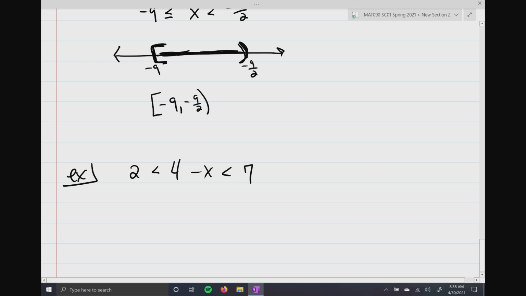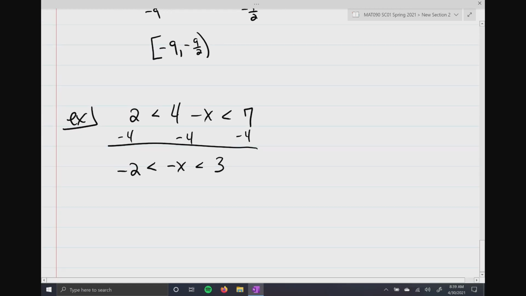So once again, I would approach this the same way I do all of them. I'm going to subtract 4 from both sides. I'm going to solve for x. So that's going to give me negative 2, which is less than negative x, which is less than 3. All right? Now here is where that negative in front of the x comes back to haunt us. So I know I have to divide by the number in front.